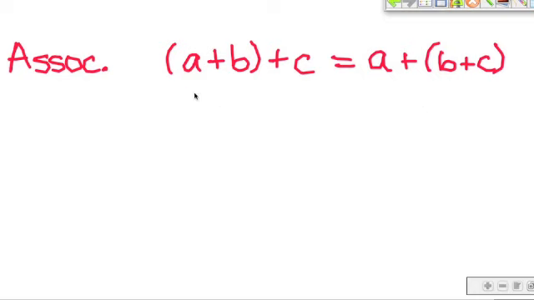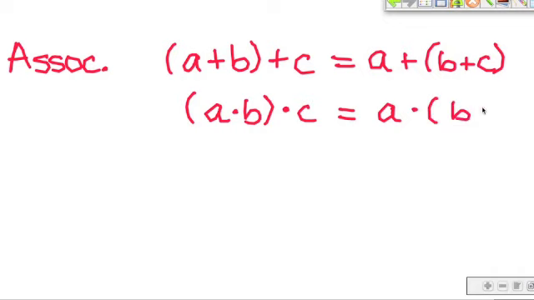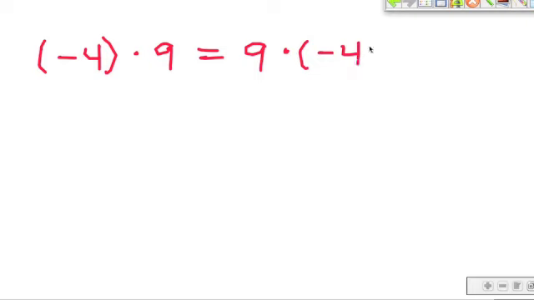Same goes for multiplying. If I was doing A times B and then multiplying that by C, it would be the same as if I moved those parentheses and did A times B times C. So with associative property, you can do either direction and you'll get the same answer. All right, so let's look at an example. If I gave you -4 times 9, that could be the same thing as 9 times -4.